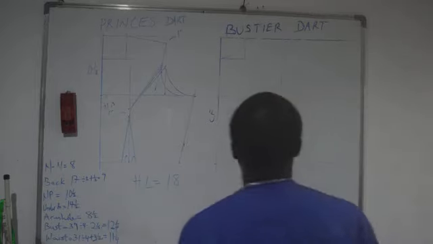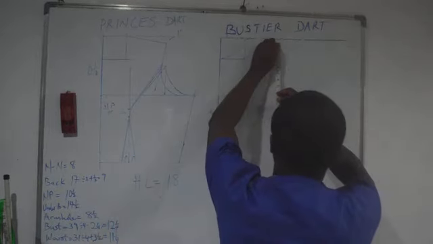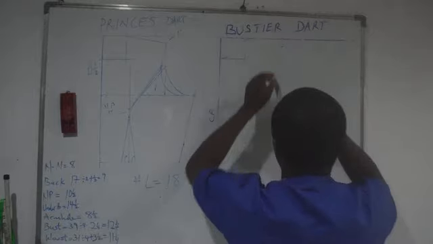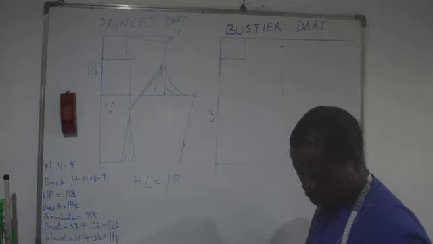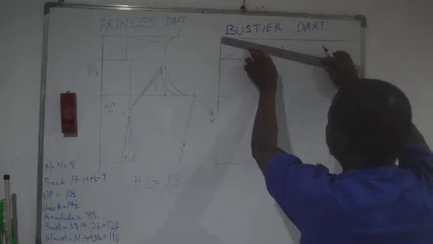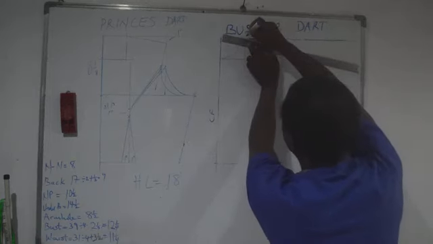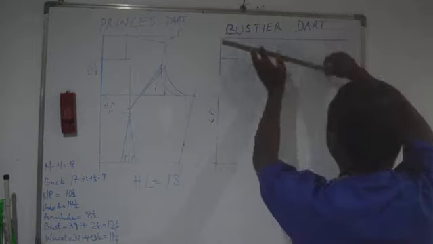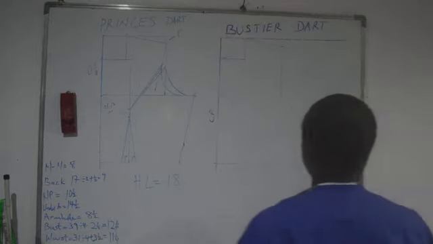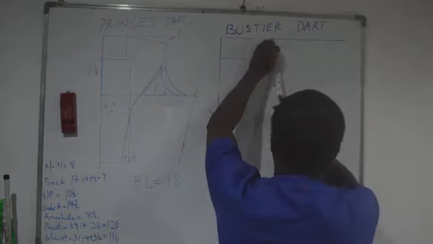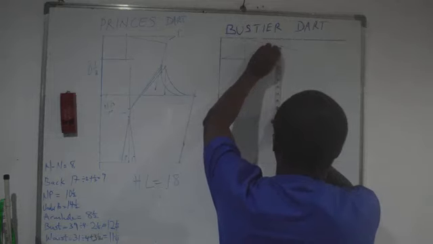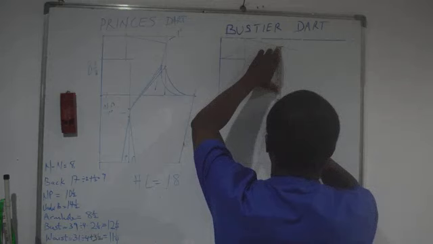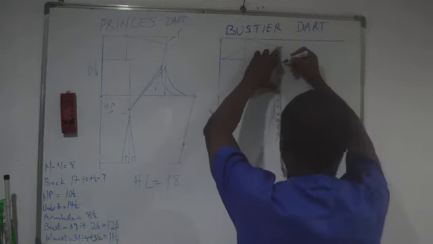Then next you come to this shoulder line that you drew. Mark 1 inch. Then you connect it to the neck. The next thing is you construct your armhole curve, and to do that you are going to measure this place, 7.5 divided by 2.